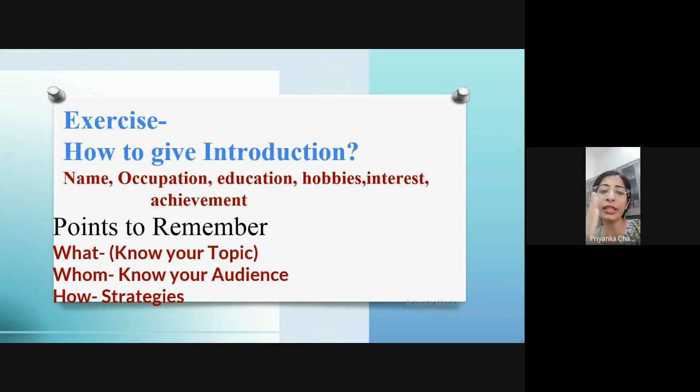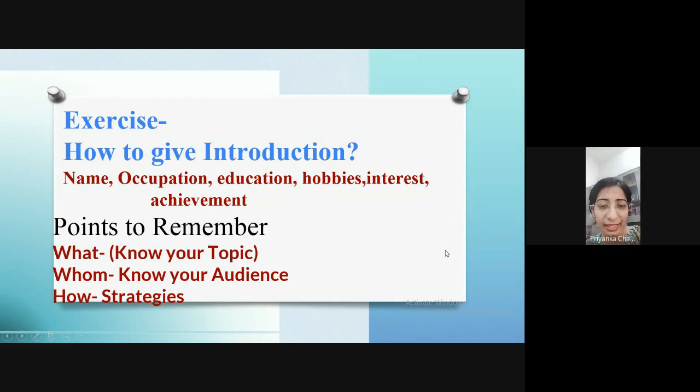If you stick to the topic, then people will stay available for you. They like your presentation. You should know who, you should know your audience. What is the background of your audience? How many people are there? What is the age group?